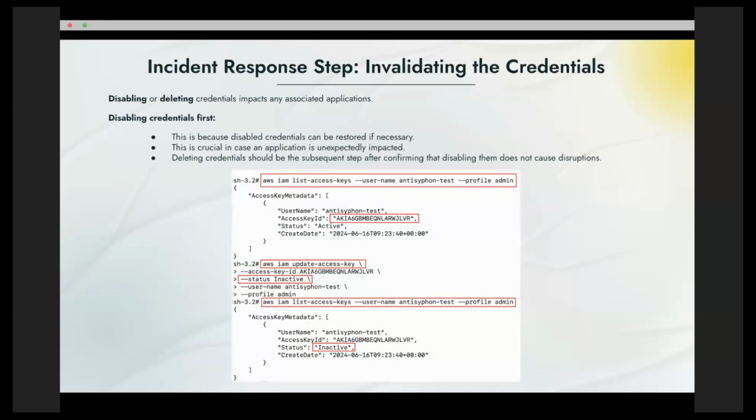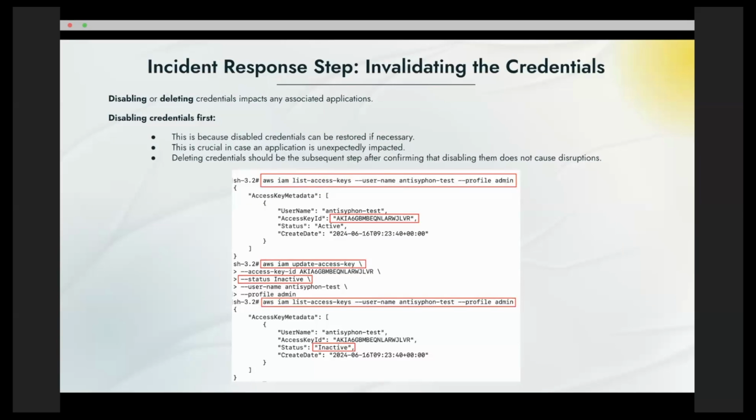So what do we do next in the incident response step? We have two options. We can either disable the credential or we can delete the credentials. Disabling is recommended because oftentimes you delete the credentials and it leads to a production outage. Deleted credentials are gone, but if you have disabled it, you can restore it.